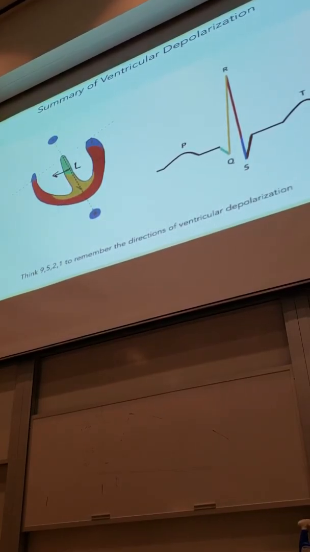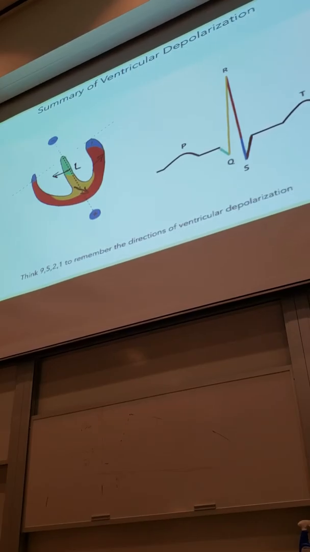And then you get another one as the action potential spreads over here. Now, it's also spreading in this direction, but since the left ventricular wall is so much thicker, we get a much more robust response here.